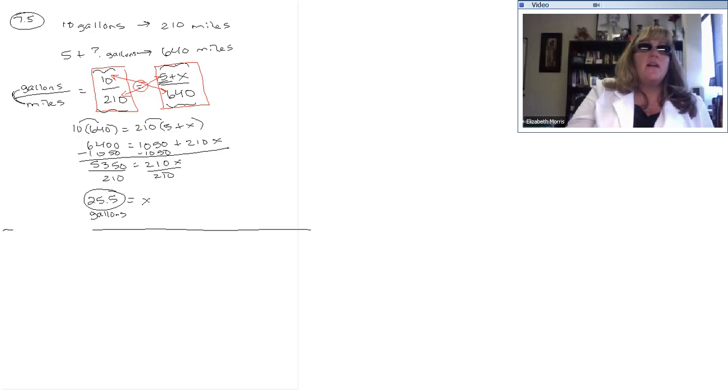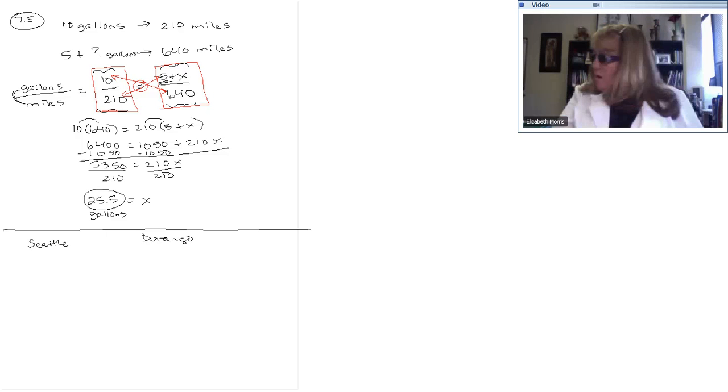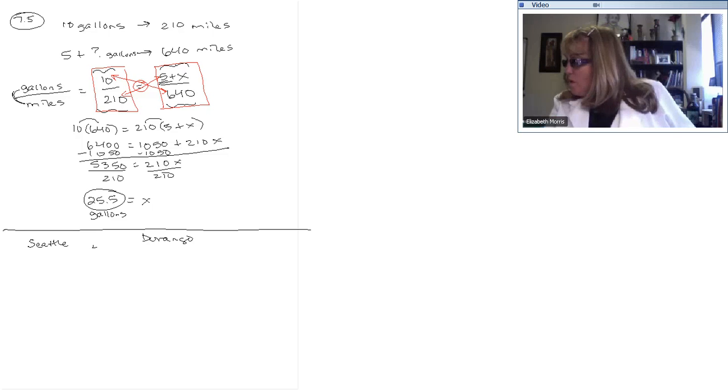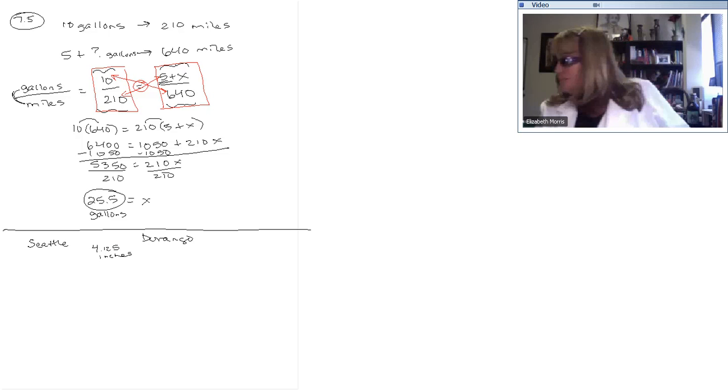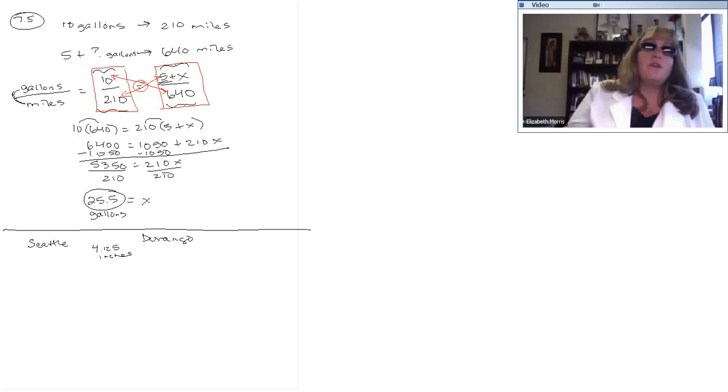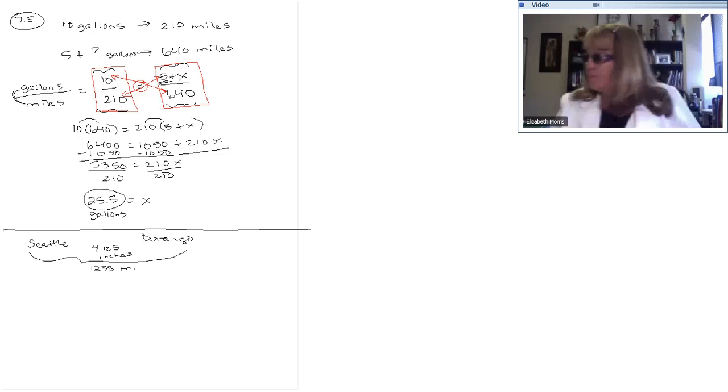So here's Seattle, and here's Durango, and on a map, it's 4.125 inches, okay? It says the two cities are actually 1,238 miles apart. So on a map, it's 4.125 inches, but it's actually 1,238 miles apart.